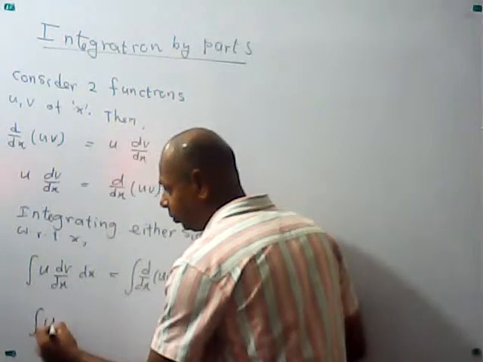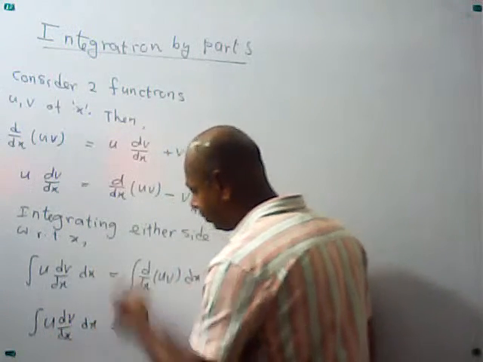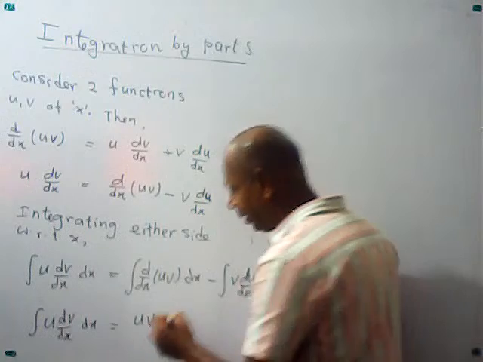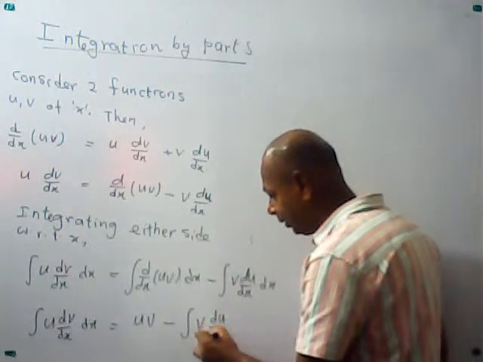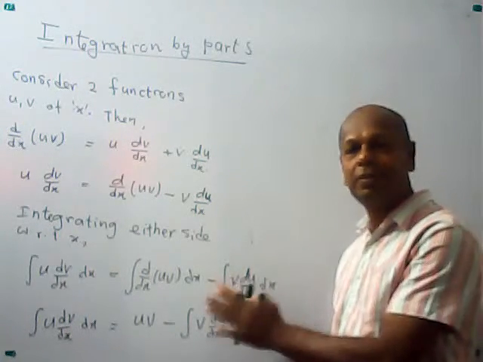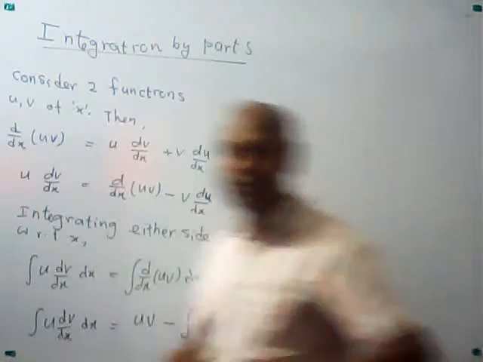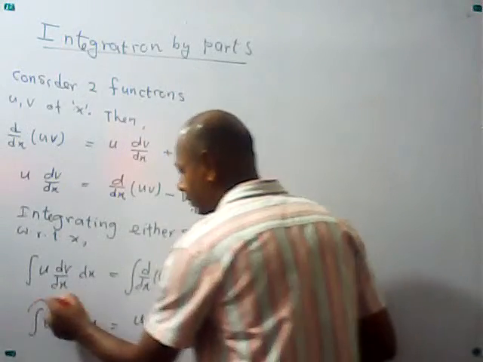So U dV by dx equals UV minus integral of V du by dx. Right. So this is the all important result that we were looking for. We were searching for this.